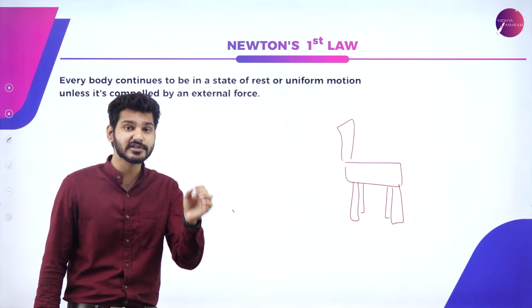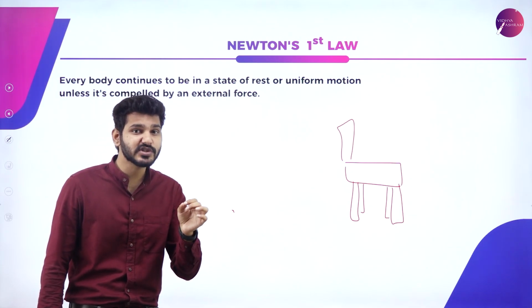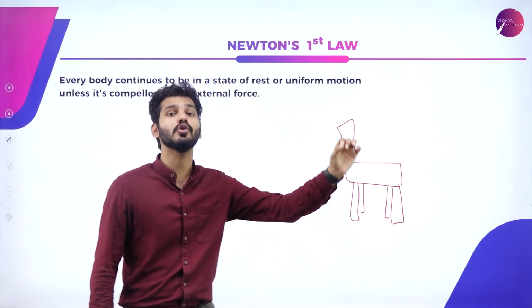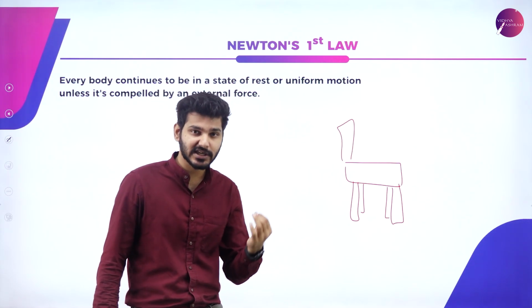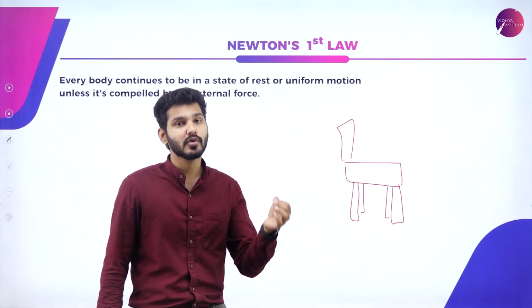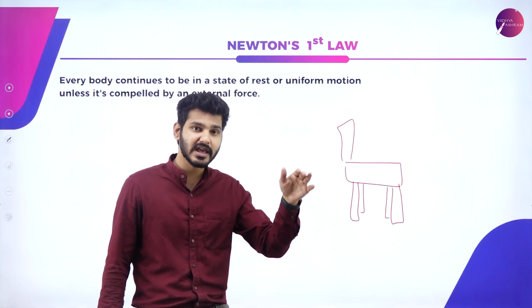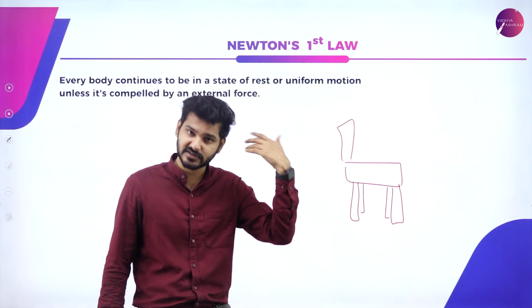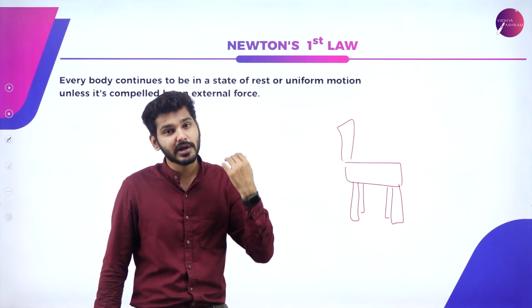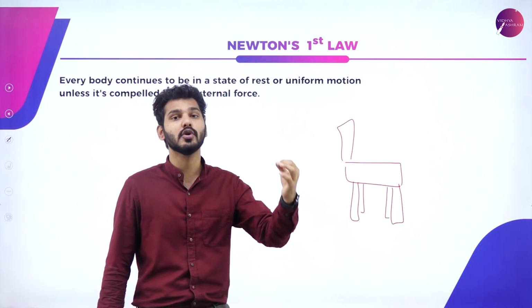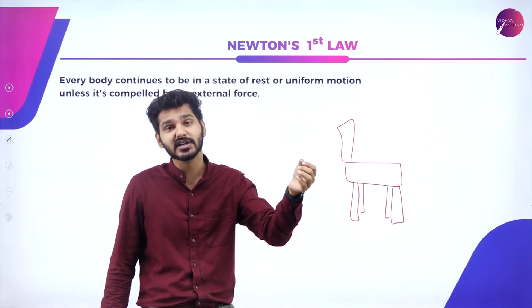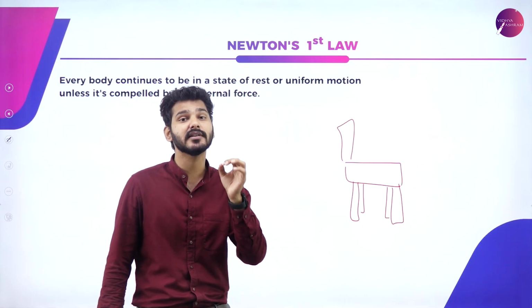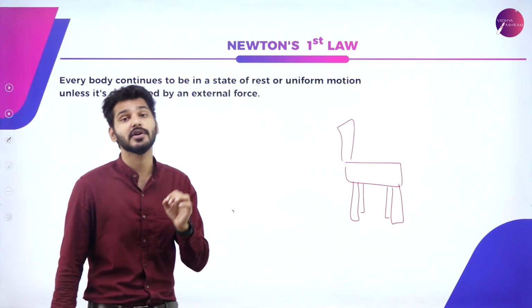If there is no force being applied, that object in motion will continue in that motion. That is, if an object is executing uniform motion, going with constant speed or constant velocity, then it will keep on going with that constant speed or constant velocity in that direction until an external force is there to oppose that motion.